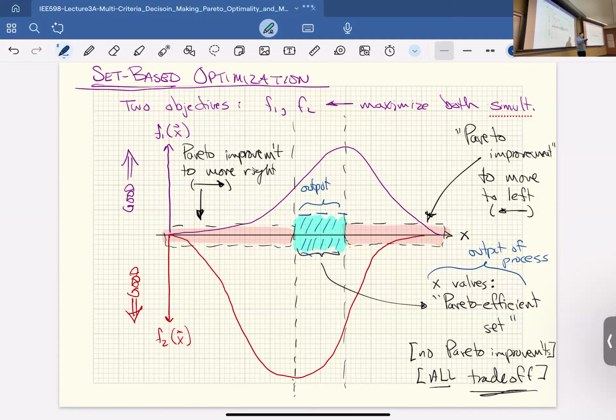So these are definitely bad solutions. And then these here are reasonable solutions.